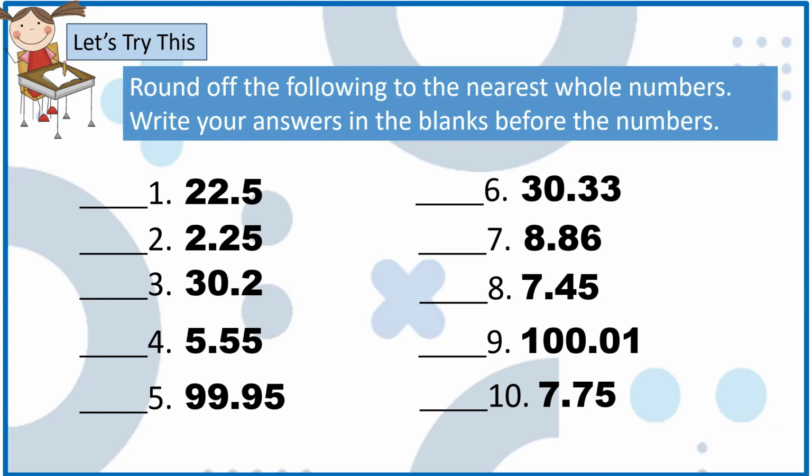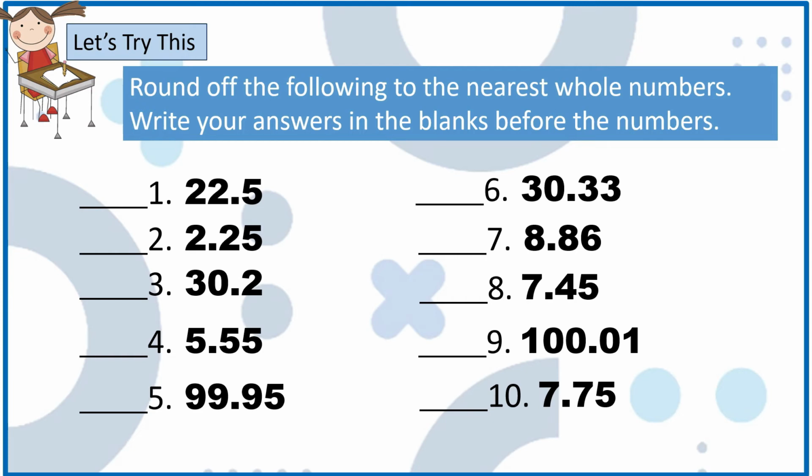Number 1, 22.5. 2, 2.25. 3, 30.2. 4, 5.55. 5, 99.95. 6, 30.33. 7, 8.86. 8, 7.45. 9, 100.01. And 10, 7.75. Let's try to answer.